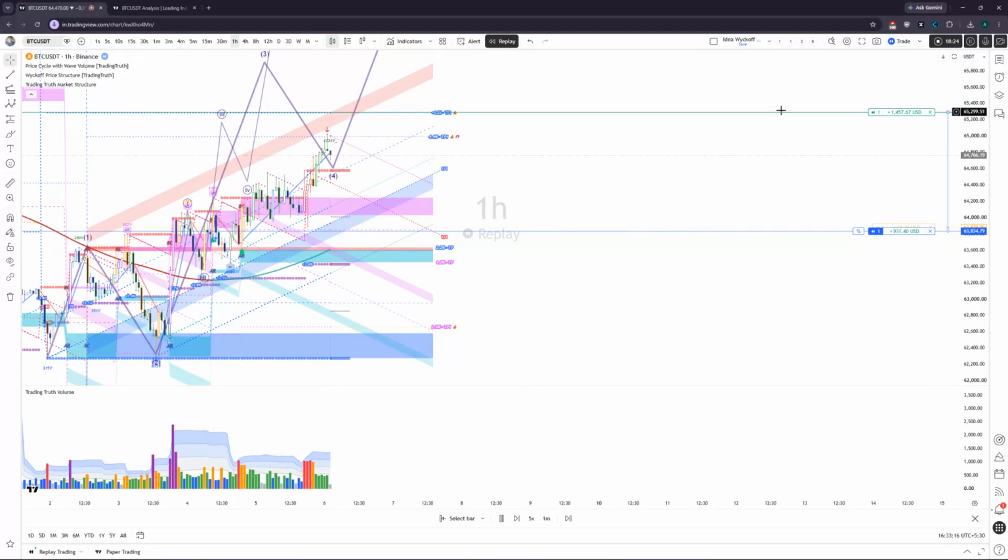If it hits my profit target, then it's good. Otherwise, even if it takes me out, my SL is in break even, so it doesn't really matter that much. The only thing that would be gone is my paper profit.